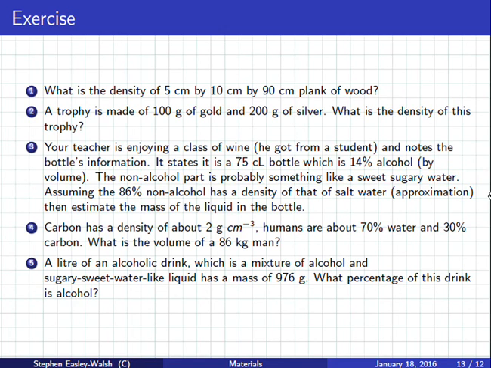So the density of the mixture is the mass of the mixture divided by the volume of the mixture, which will be 2.03 divided by 0.002, which equals 1015 kilograms per meter cubed.